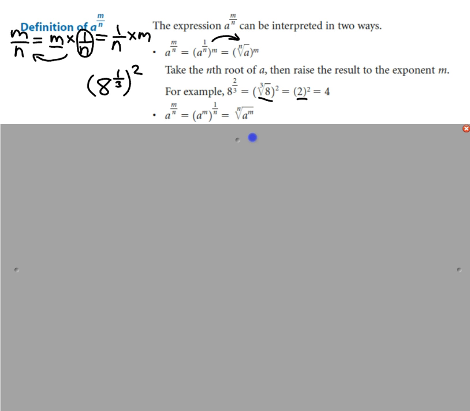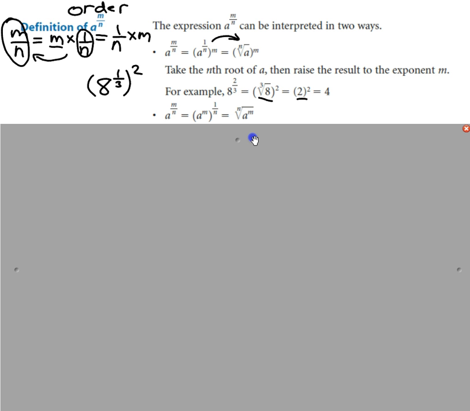In both cases, we're still going to get the same fraction. Okay, now by changing the order here, we can do either the root first or the exponent first, meaning that we can either take the nth root first, or we can evaluate the power of m first.